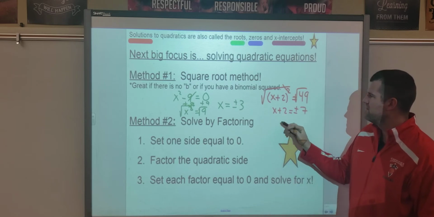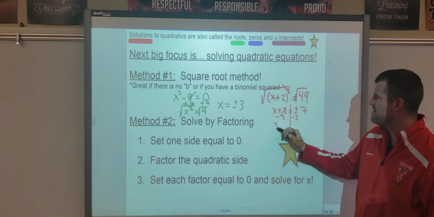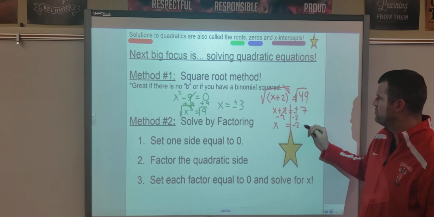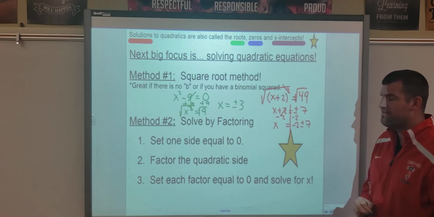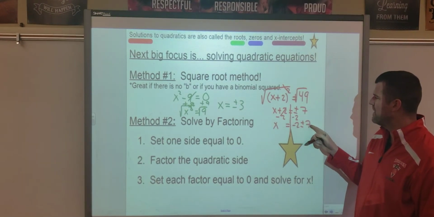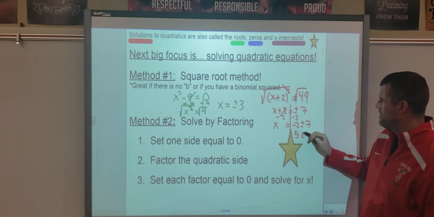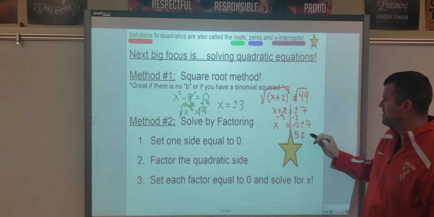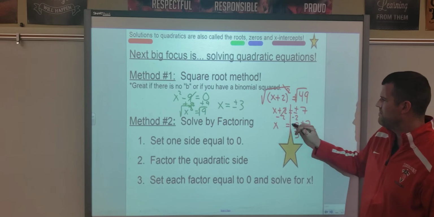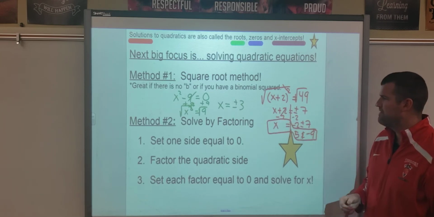And then we get the x alone, so we're going to subtract that 2, which gives us x equals negative 2 plus or minus 7. And then hopefully you remember doing this on Khan Academy, where you did negative 2 plus 7 is positive 5. And then negative 2 minus 7 was negative 9. So you ended up getting two different solutions. This one would be positive 5 and negative 9.